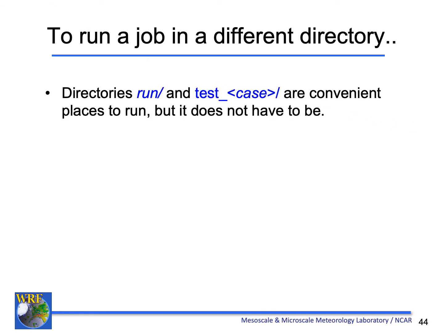So far, we talked about running a model job within the WRF code directory structure, but we don't have to. Once the code is compiled and the model executables are generated, we can run the model executable in a totally different directory.